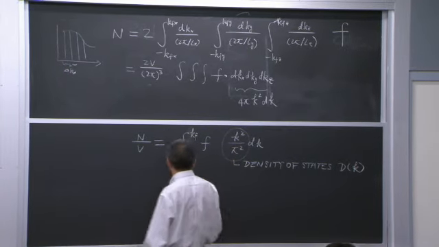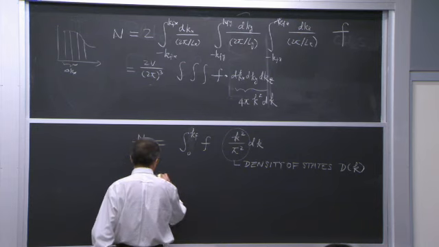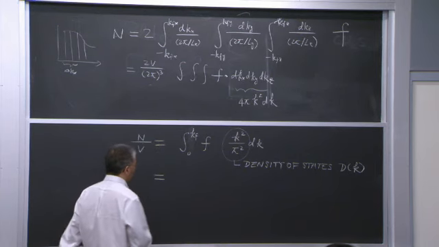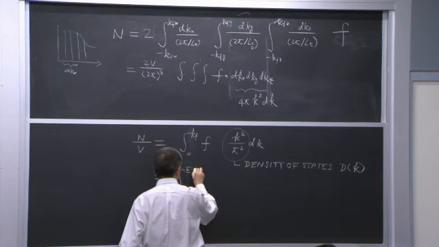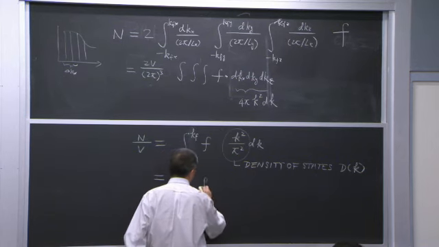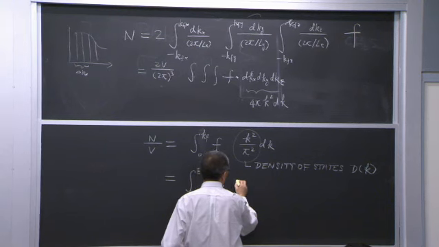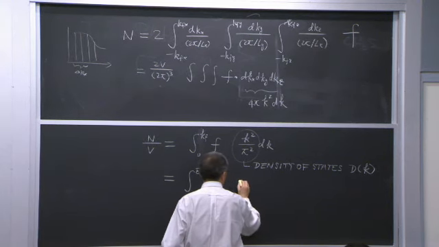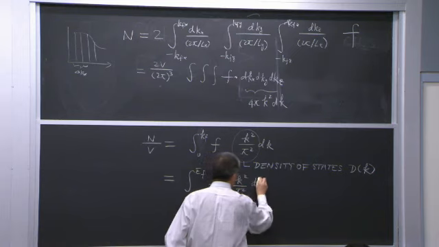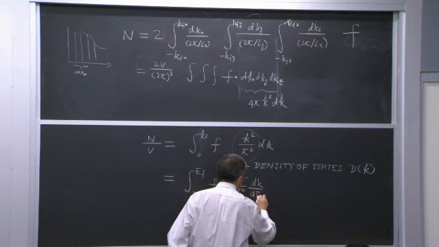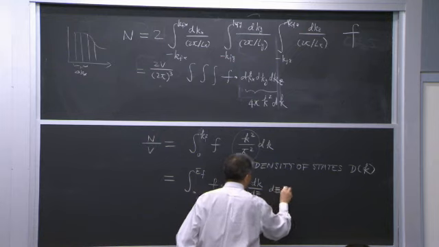So I could also convert into energy integration. So I will do EF and f. In that case, I'll write this as k squared over pi squared dk/dE dE, right?